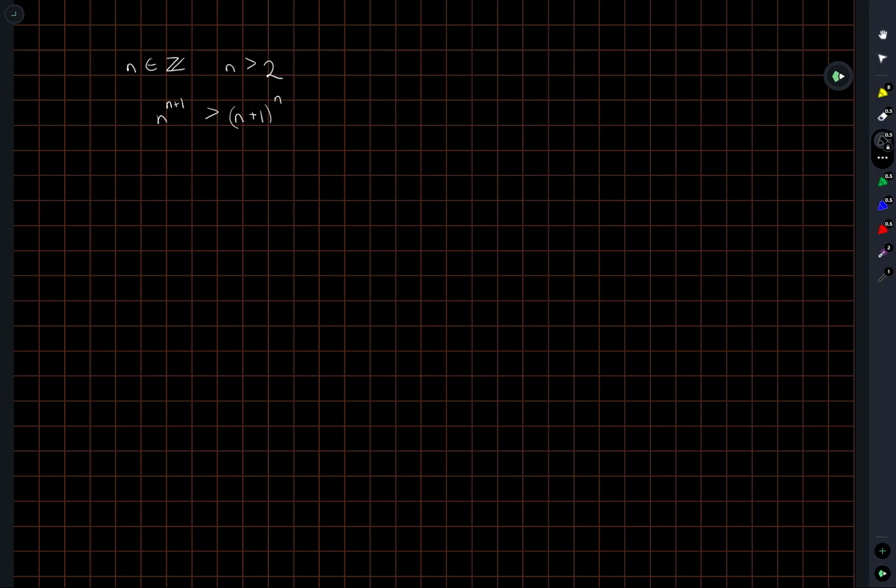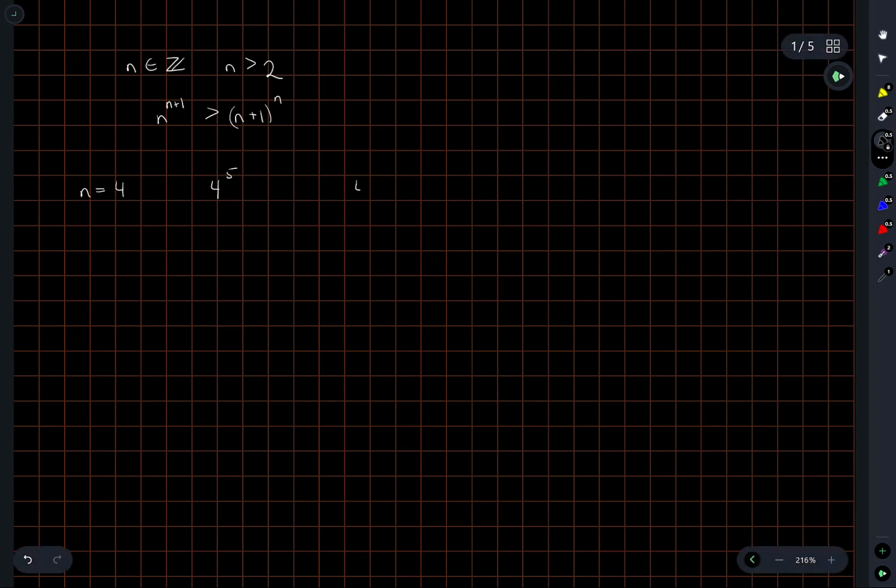I'm just going to write out for some specific values of n what this looks like. So let's see what happens if n equals 4. I have 4 to the power of 5 on the left.